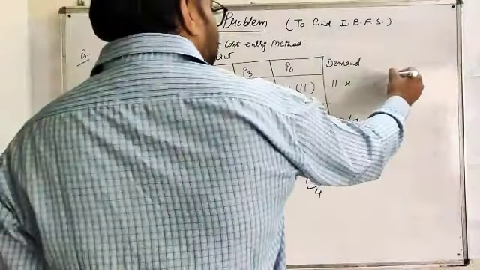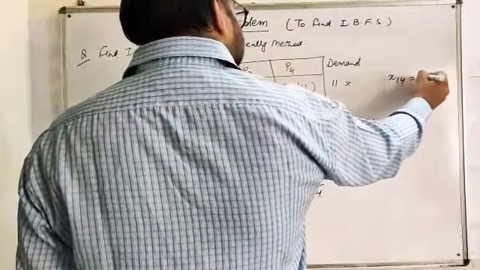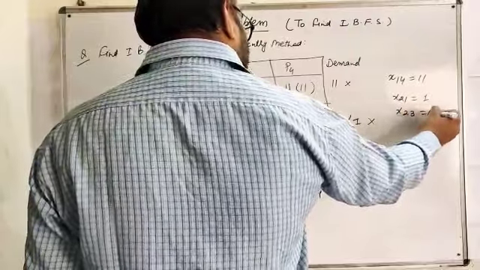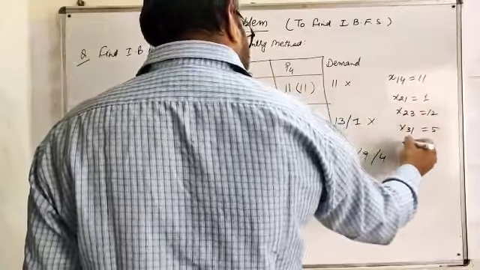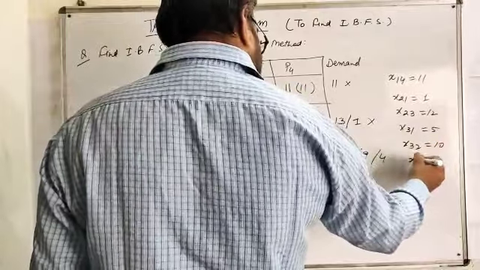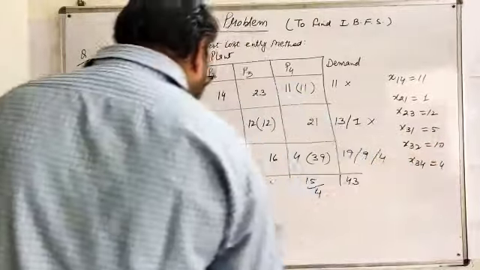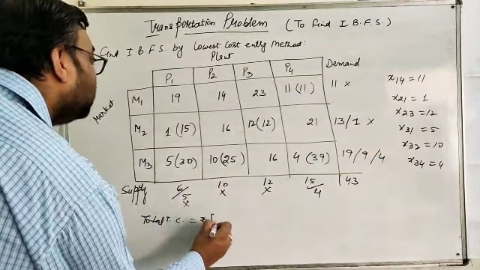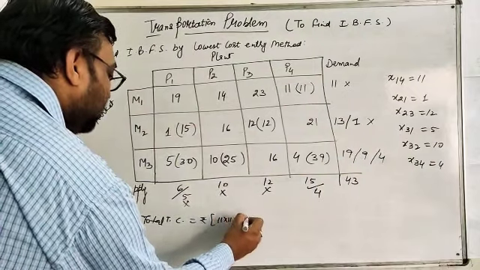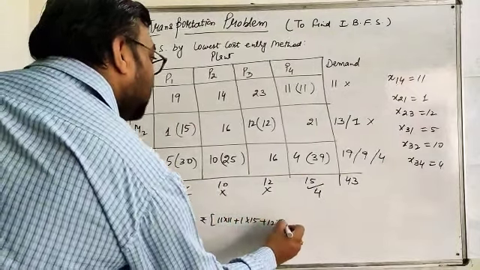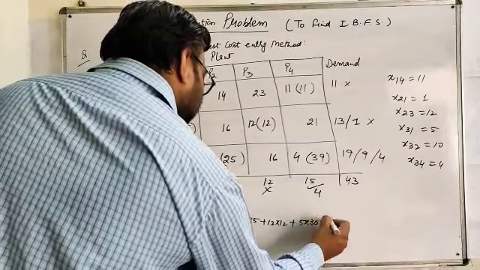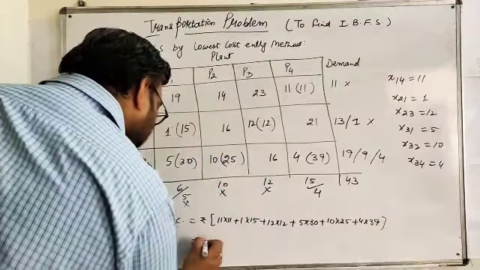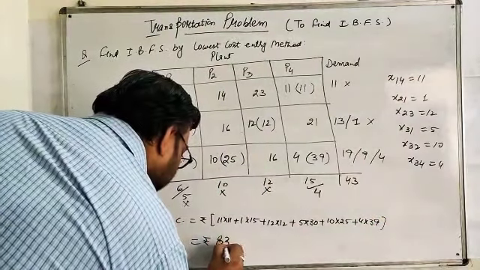So x14 equals 11, x21 equals 1, x23 equals 12, x31 equals 5, x32 equals 10, x34 equals 4, and the total transportation cost equals 11 into 11 plus 1 into 15 plus 12 into 12 plus 5 into 30 plus 10 into 25 plus 4 into 39, which equals 836.